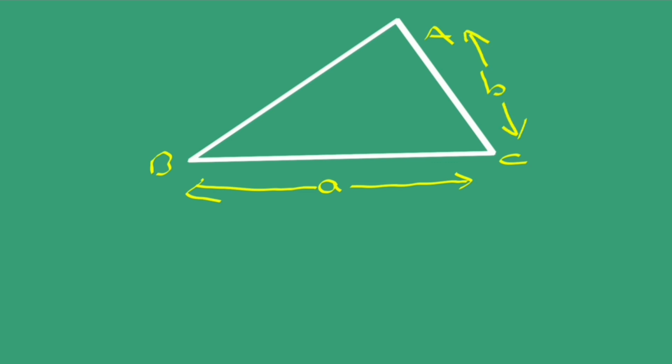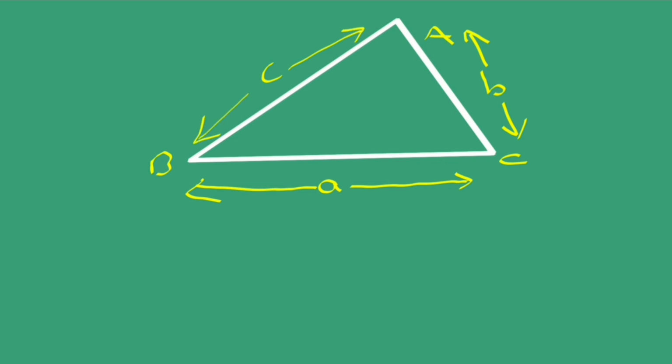Now here is a triangle. Suppose these points are A, B and C. Suppose this BC length is small a, AC length is small b, and AB length is small c.